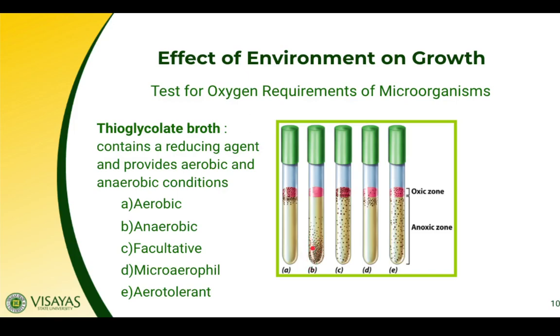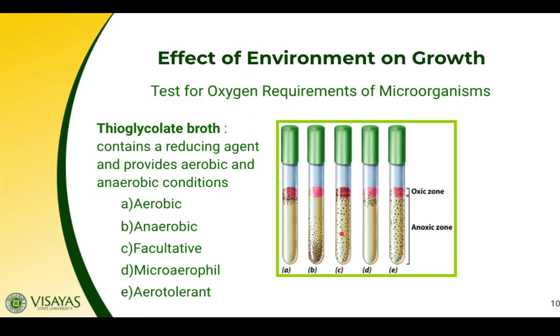But if microorganisms grow at the top layer of the broth, an oxic environment, meaning it has oxygen in it, then you could say the microorganisms could be aerobic, or they need oxygen for their growth. If they are facultative, they could tolerate the presence of oxygen, or they could live with or without oxygen.